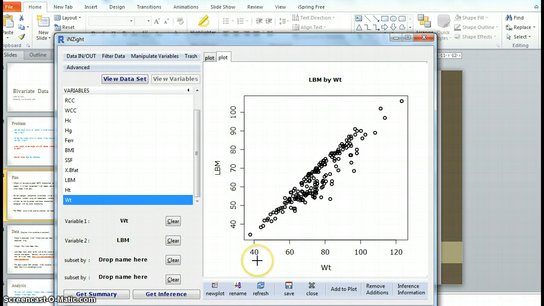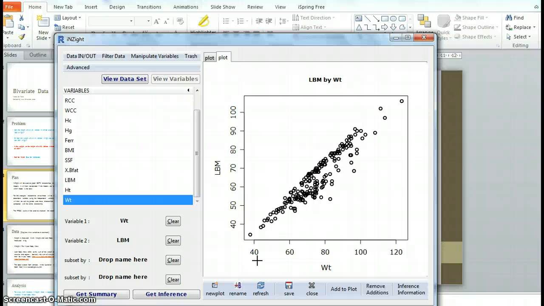As per usual, choose a graph. Now I'm using weight, my actual body weight, to predict lean body mass, and I think that's the right way around, because how do you measure someone's bones without killing them?